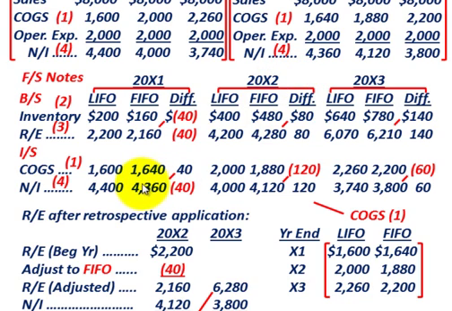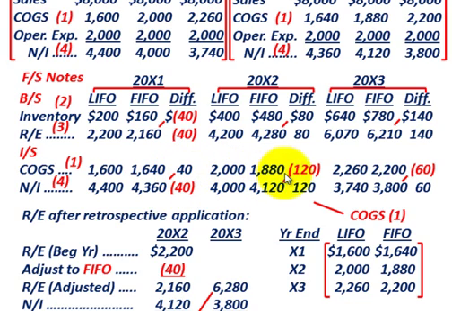Looking at the difference on our net income, our cost of goods sold increased by 40,000, so our net income reduced by 40,000. 4,400 minus 40 gives us 4,360 for our net income. That's what you're going to have to show. That's why we made our calculations for net income for both LIFO and FIFO for restating it.